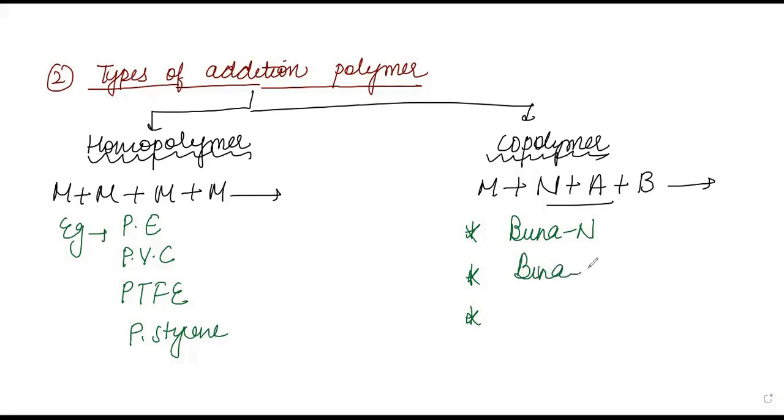Buna-S, butadiene plus styrene. If I am talking about nylon 66, Dacron, all are examples of copolymer, because different monomeric units are there. Very important. So in addition polymers we now have two further types, homopolymer and copolymer. Fine. The next type that I am going to talk about is the condensation polymer.